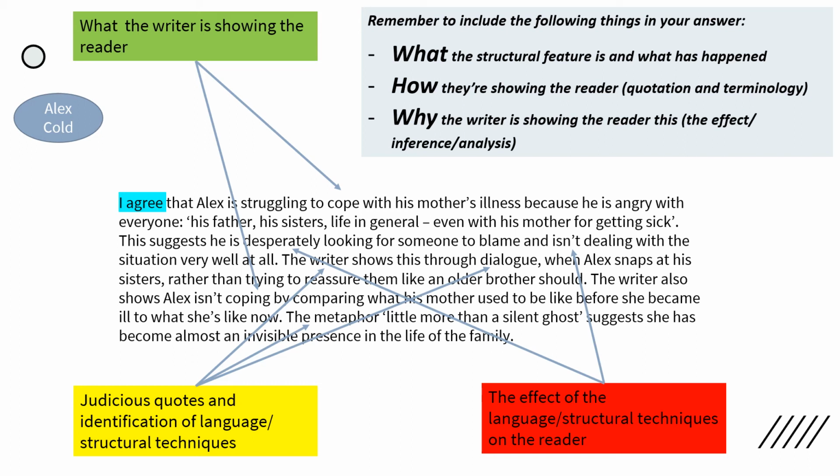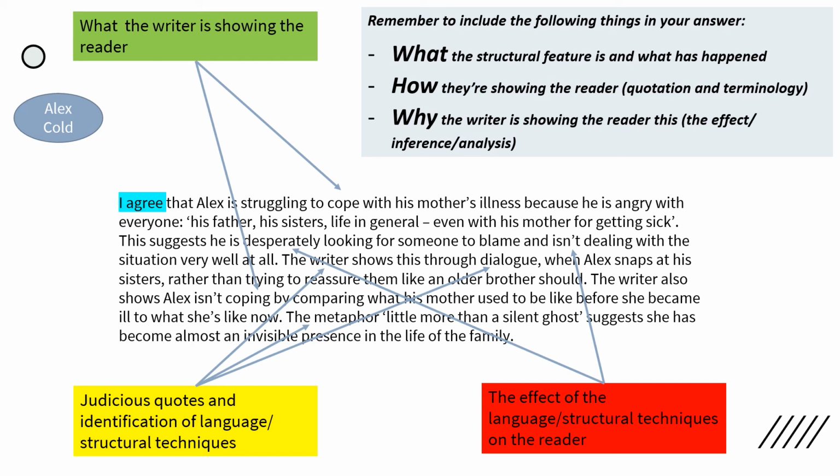Okay, so you've got there that this person is, I agree, and I know without even looking at the question, the statement must have been about whether Alex is able to cope, because he's referenced the idea of coping more than once. So the writer is showing that Alex is struggling to cope because he's angry. The writer is demonstrating that Alex is struggling to cope because he compares what his mother used to be like.